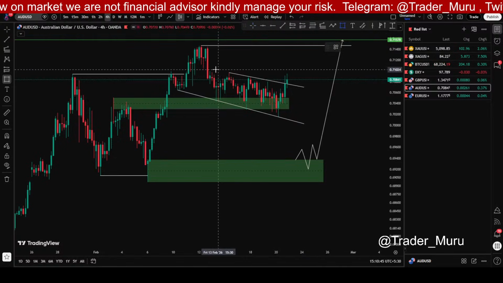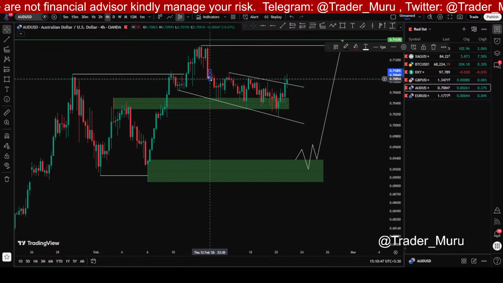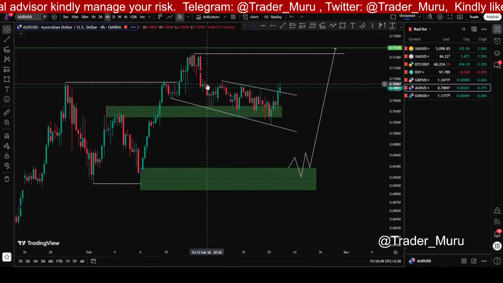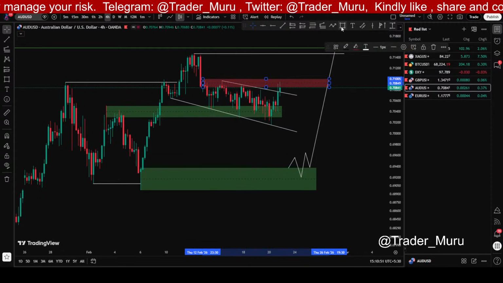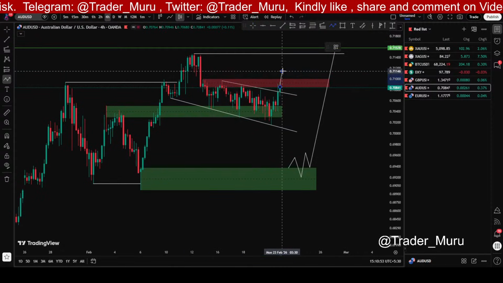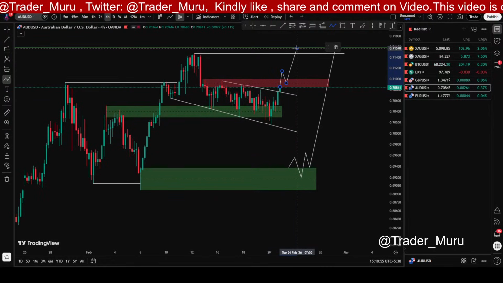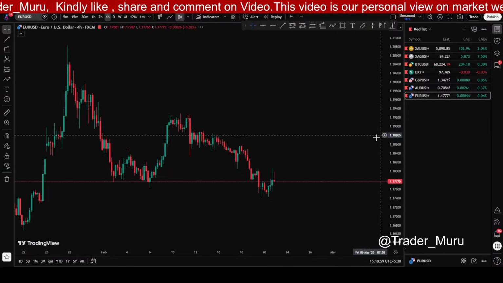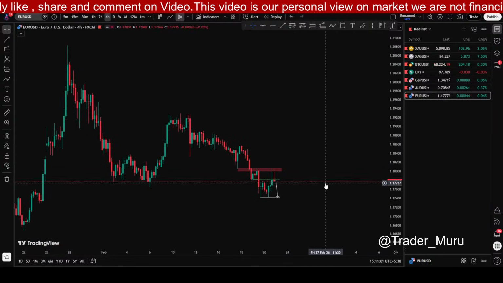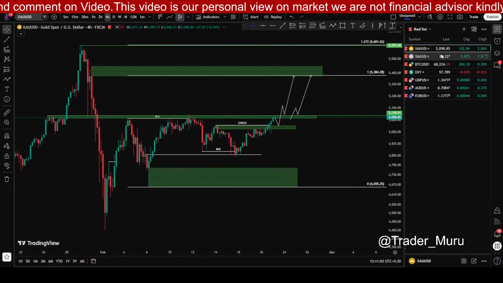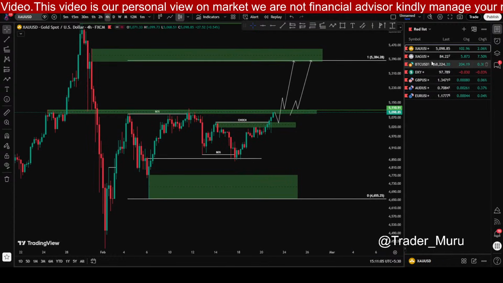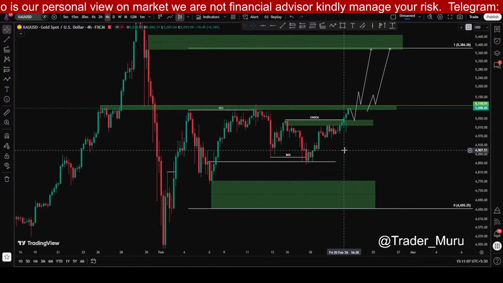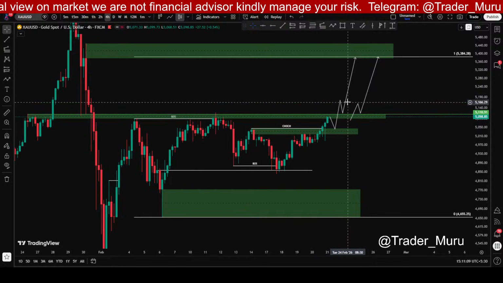Let's see if it fills this condition, we can go buy. So right now currencies are weak and gold, silver, BTC are bullish. So we will be watching for these two scenarios.